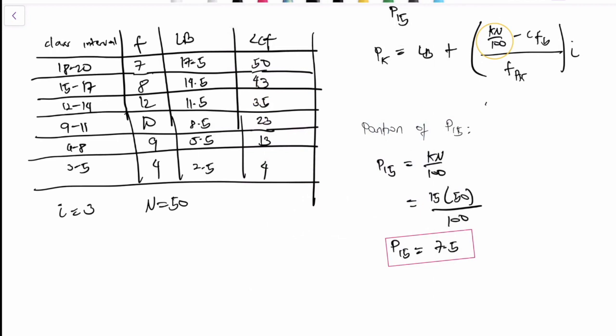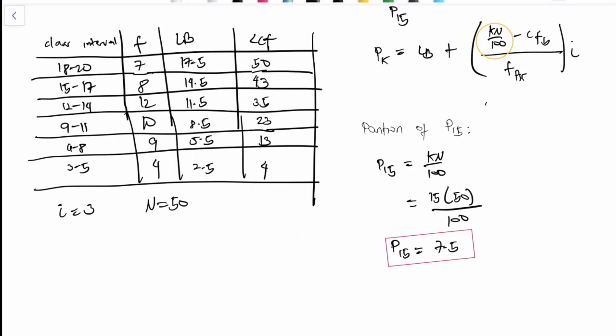Where does 7.5 fall? To better understand this, let us go per row. Let us start here at the 18 to 20 interval. We have 50 here, and below we have 43.